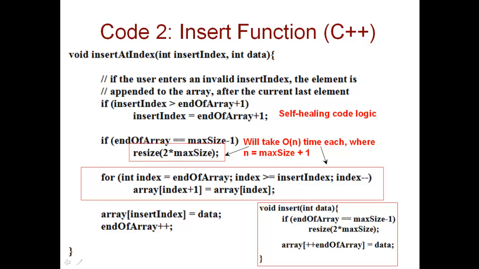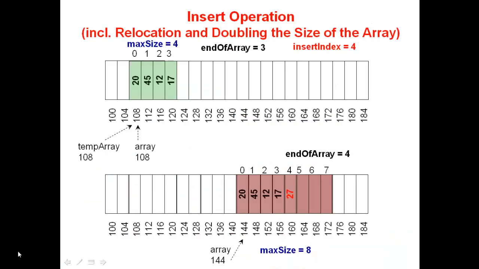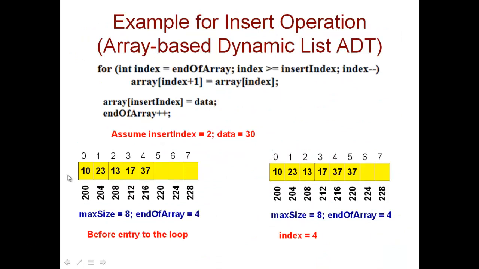So here even if the array is full, we assume we have resized it, and now we are going to focus on this for loop on how to insert into this array, and specifically somewhere in the middle of the array.